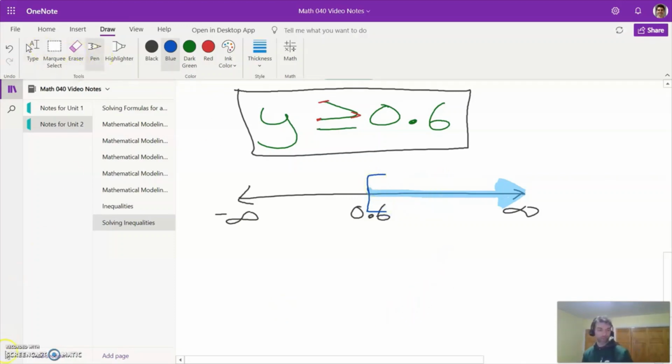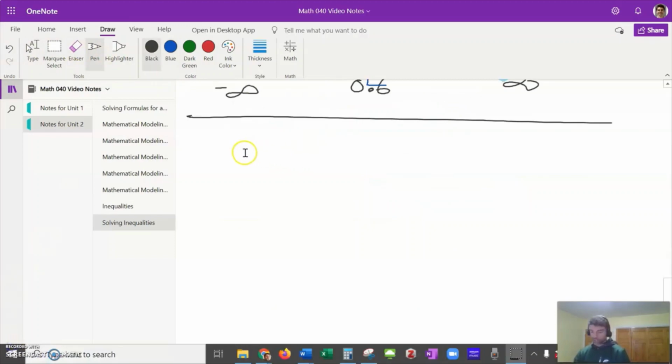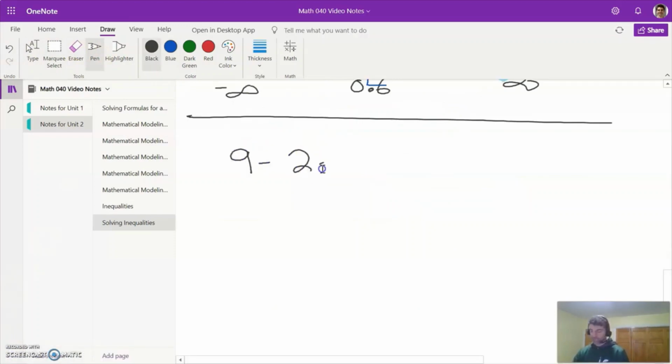All right, one more. We're going to solve and graph 9 minus 2y is greater than negative 1. I need you to put a big asterisk, big star next to this one, because something happens in here that you really have to remember. So 9 minus 2y is greater than negative 1. So let's solve.